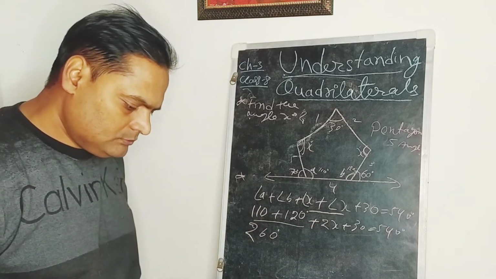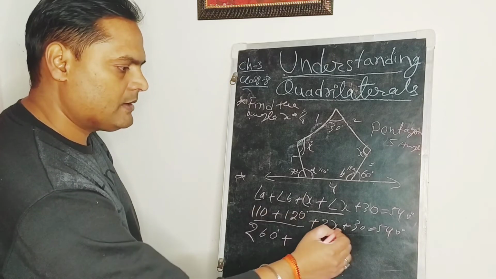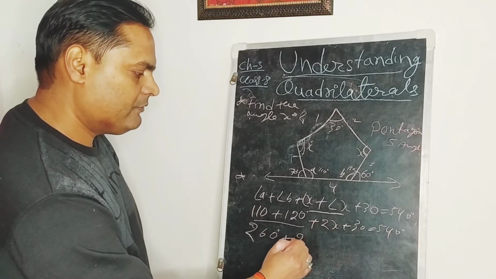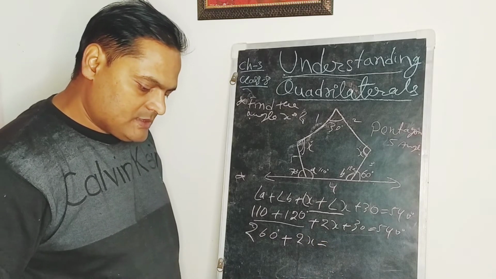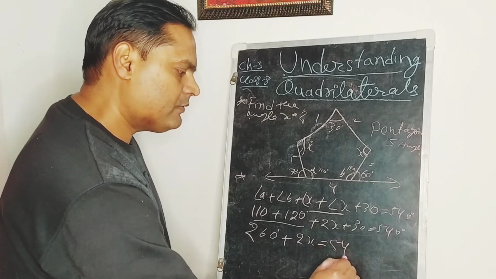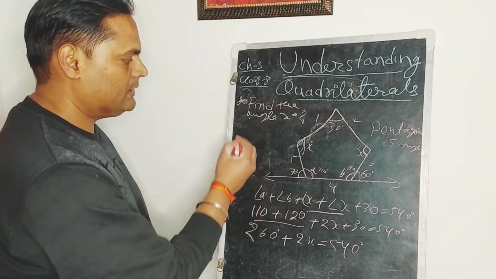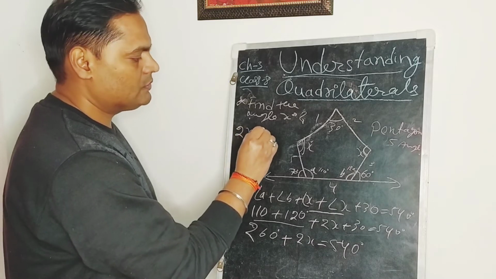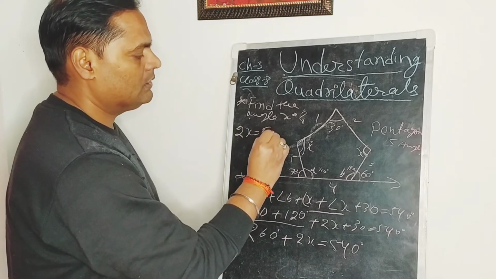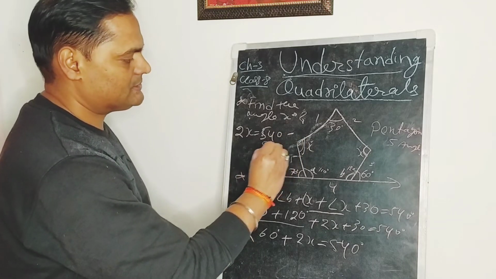So 260 is the answer of this sum, and we have 2x here. Let's substitute the 540: 2x equals 540 minus 260.